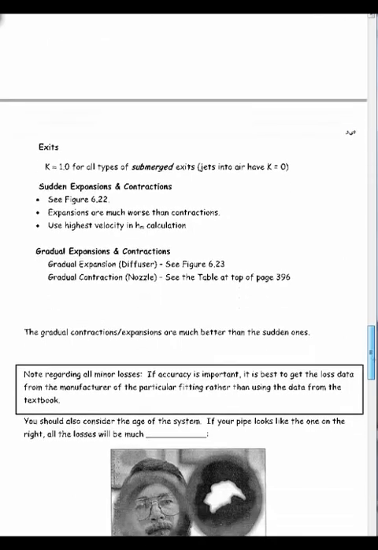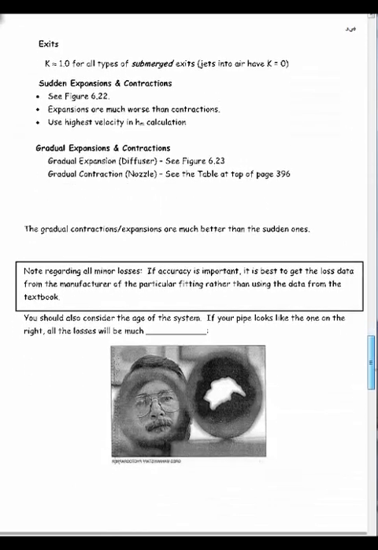Exits. If it's exiting into air, then just use K = 0. In other words, ignore it. But if it's a submerged exit, so maybe you have some sort of situation with a turbine or something, and it comes down into a lake, and here's your free surface or a tank or something down here.